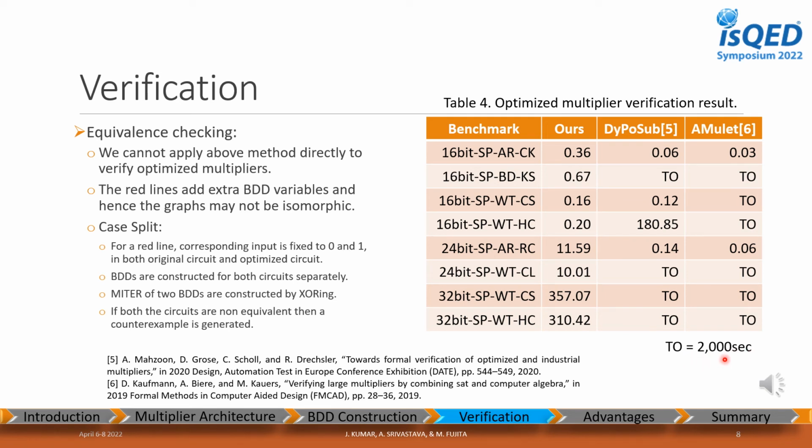The algebraic backward rewriting methods depend upon the multiplier architecture. As you can see, for the same 16-bit multiplier circuit, verification did not complete. In our case, it works independently of the circuit structure and we were able to verify a wide variety of structures. Moving to the next slide.